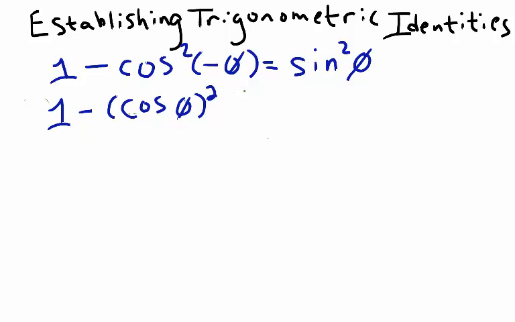I know this from my even-odd identities. We can rewrite this as 1 minus cosine squared theta.